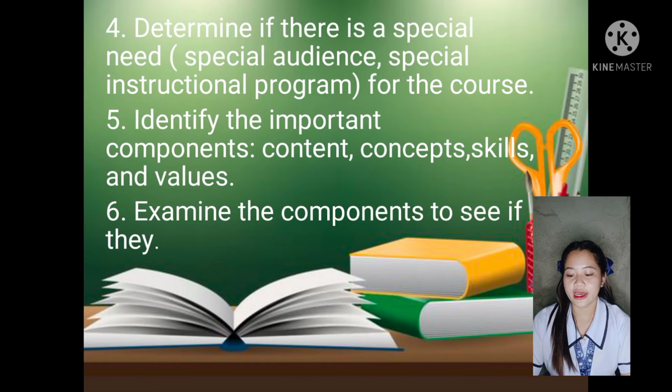Number 4 is to determine if there is a special need, special audience, or special instructional program for the course. 5. Identify the important components like content, concepts, skills, and values. And number 6 is to examine the components to see if they fit.